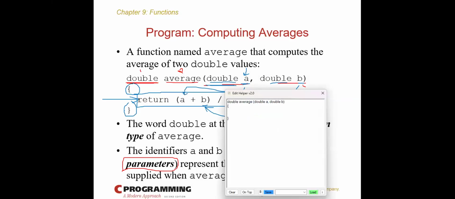So I can say int C. And I can say C is equal to A plus B divided by 2. Actually, let me put some space. Yes, so this is C. Then I can say return C.